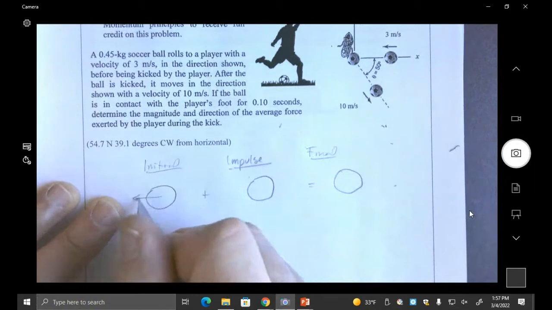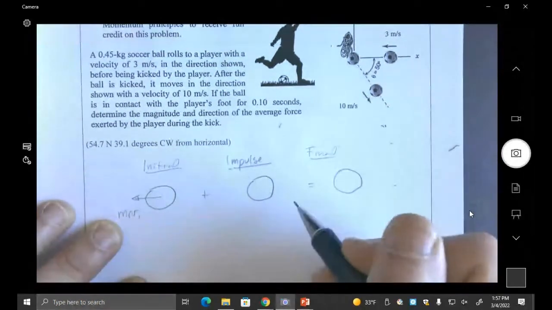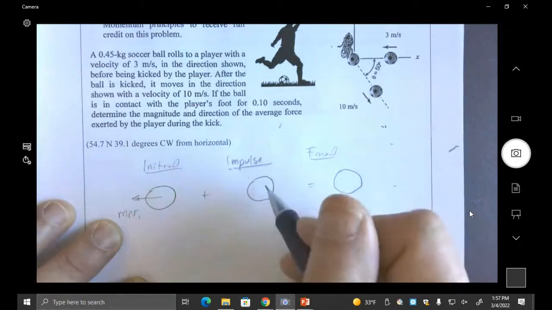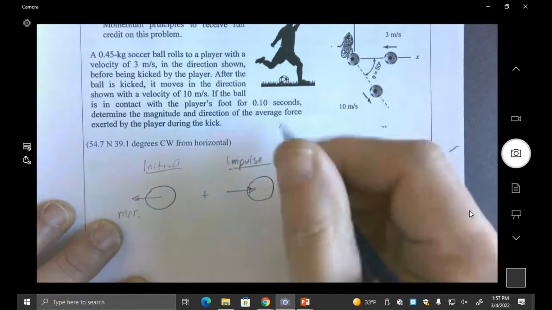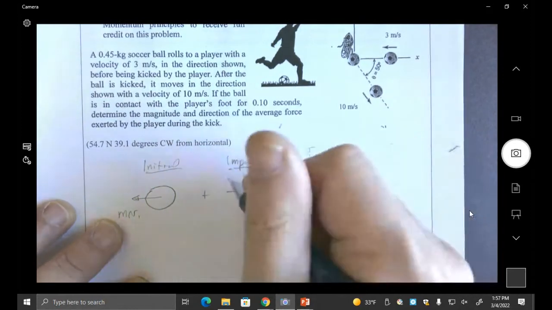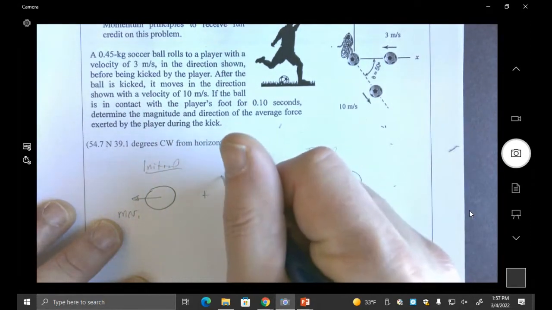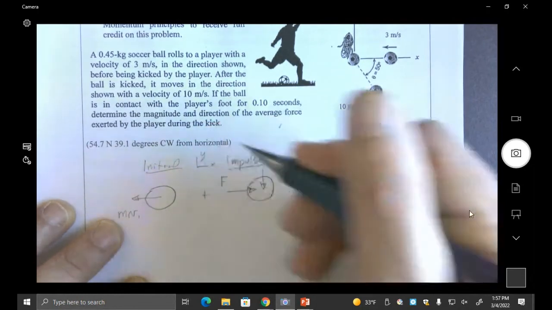and ball versus ball. We have mV1, and then we're going to apply some amount of force onto here. We can anticipate the force is going to be in that direction right here, so we're going to say that it's going to be F. Let's call this x and this y.